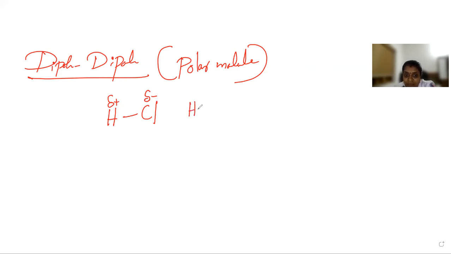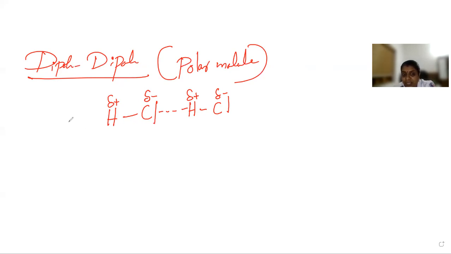And what will happen? It will induce it. This is also already existing as a dipole, right? No need to induce a dipole moment or polarity in it. It already is a dipole. So there will be interaction between these dipoles, and that interaction is called a dipole-dipole interaction.